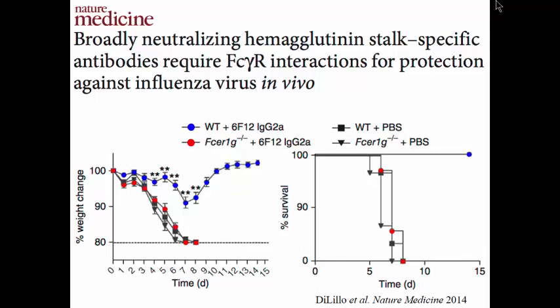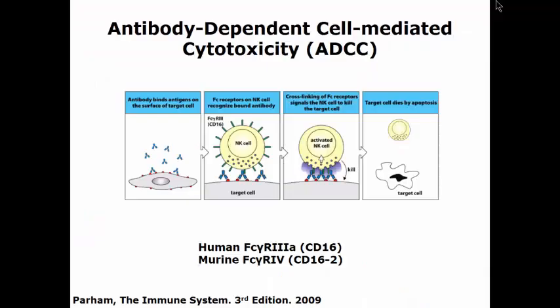And the red curve shows mice which are lacking Fc receptors, and they are not protected at all. On the right side, we have the survival curves.